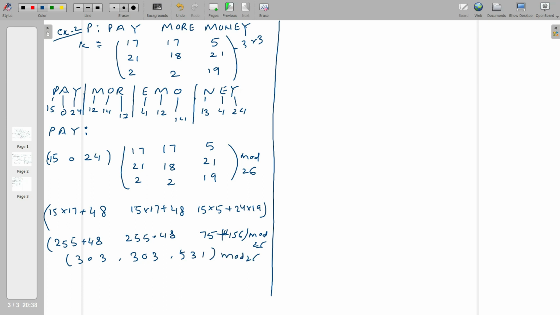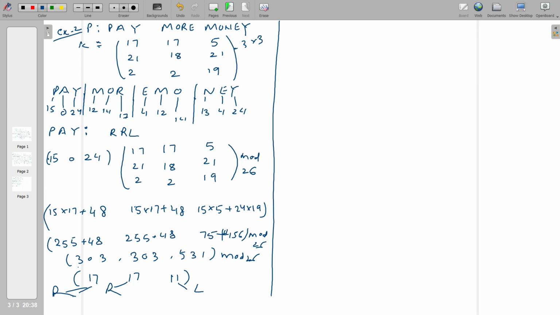When we divide 303 with 26, the remainder is 17. When we divide 531 with 26, the remainder will be 11. So 17 is for R, so for both 17 we are going to write R, and 11 is for L. So PAY can be encrypted as RRL. The cipher text for PAY is RRL.